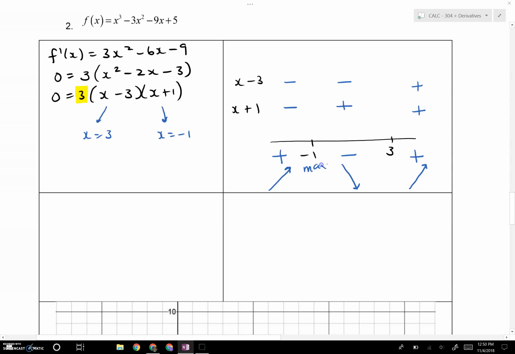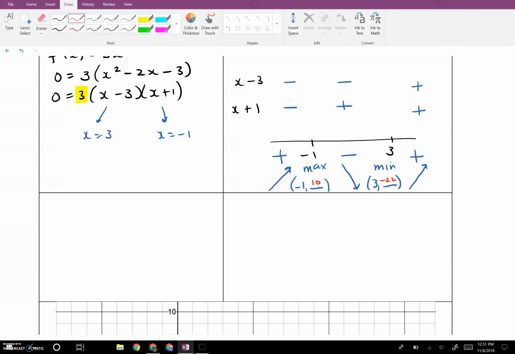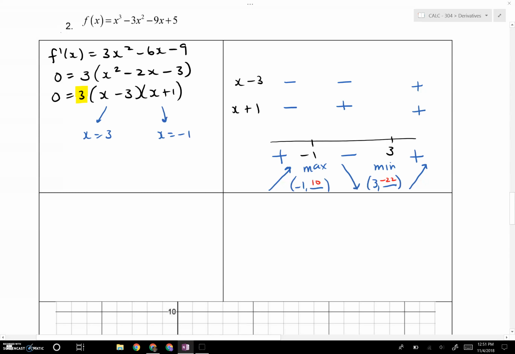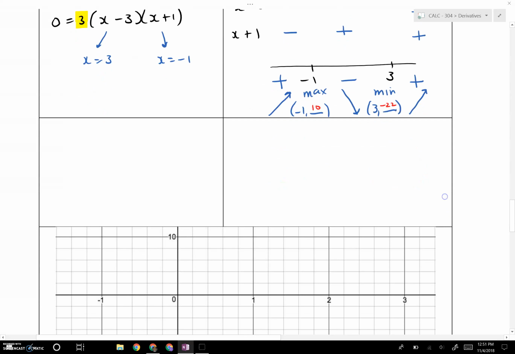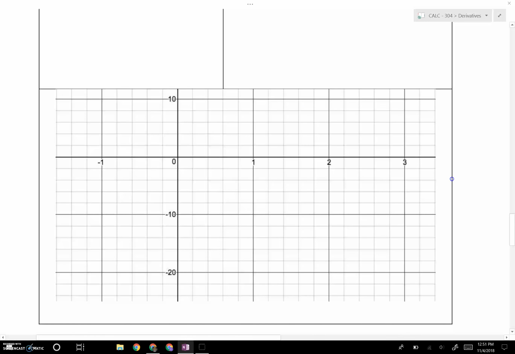So I have a maximum at negative 1, something, and I have a minimum at 3, something. In order to find the somethings again, remember I substitute back into the original, and I get (negative 1, 10) and (3, negative 22). So again, by habit, I'm going to put this right onto the diagram right now.